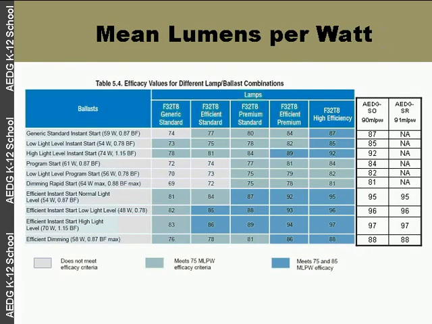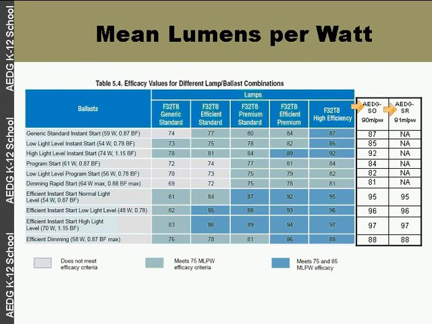area. And here's a table, one part of the left-hand side of that table where you see all the kind of aqua or blue color is actually from the guide, and I've added in on the right-hand side 2 columns that say AEDG SO, which is for small office, and SR, which is for small retail, and the requirements there of 90 mean lumens per watt and 91 mean lumens per watt, and how that would relate to what is shown on this chart.